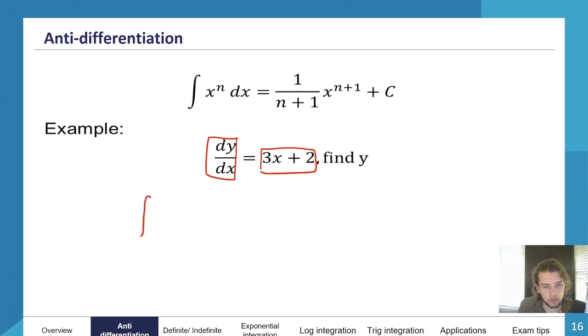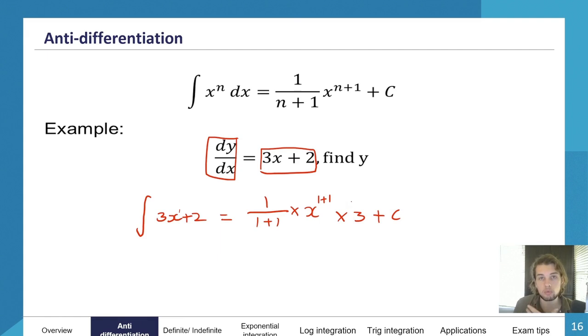So now we want to get the anti-differentiated value of this. If we follow this formula, that would be equal to 1 over, so n here is 1, because this is to the power of 1, so 1 plus 1, multiplied by x to the power of 1 plus 1, multiplied by this constant value at the front, 3. Now we do have a plus c, but we also have this 2 here. This 2 is its own term, so we also have to anti-differentiate it separately.